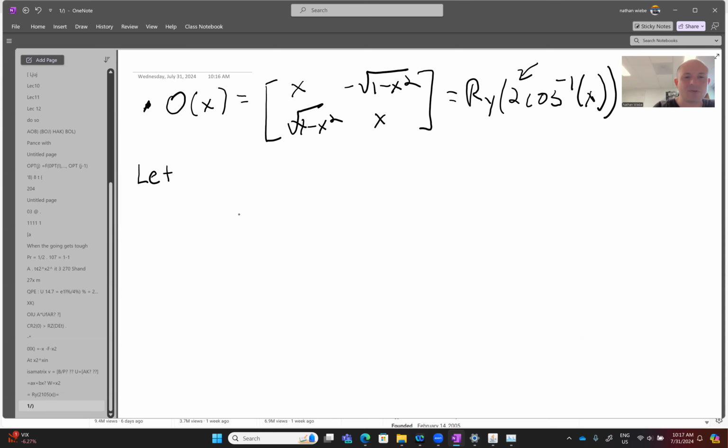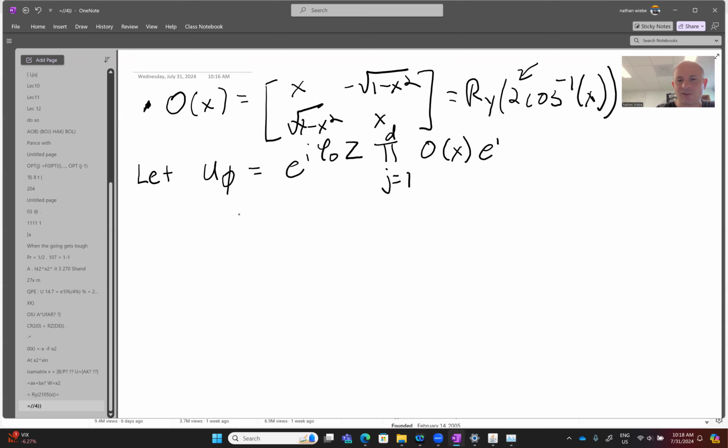Let U_phi, where phi is a vector, be e^{i phi_0 Z} times the product from j = 1 to d of O_x e^{i phi_j Z}.